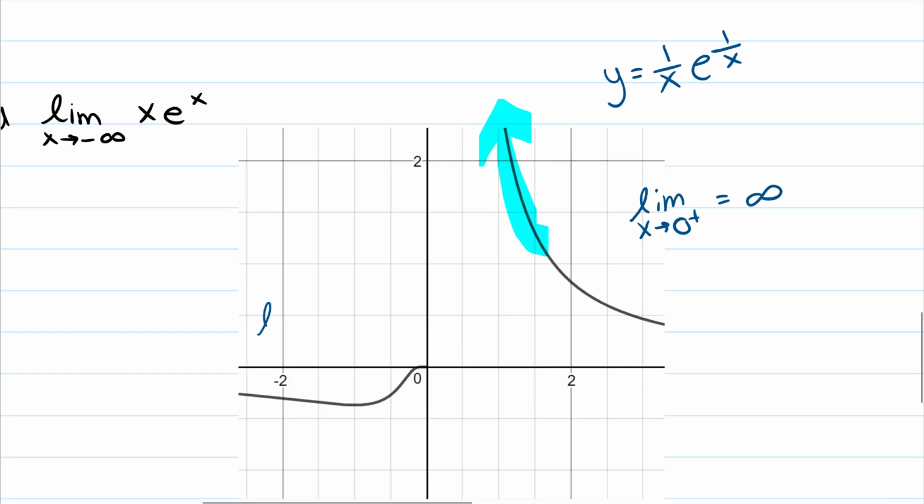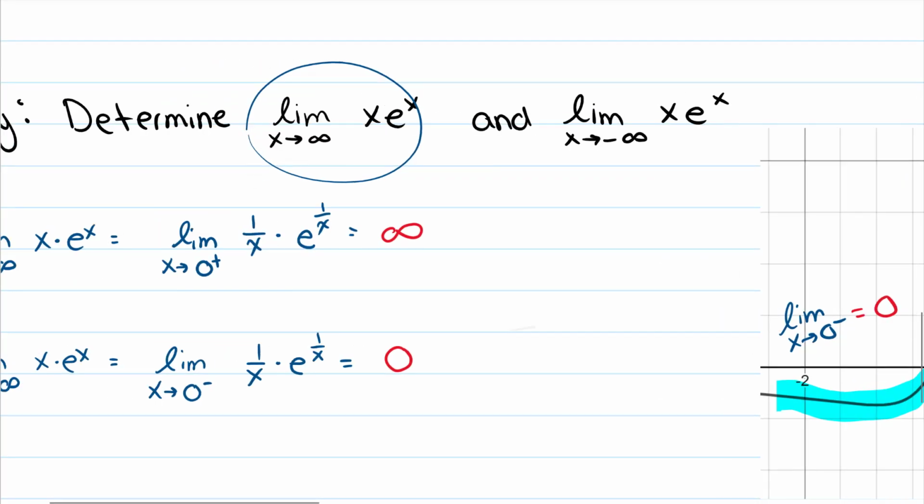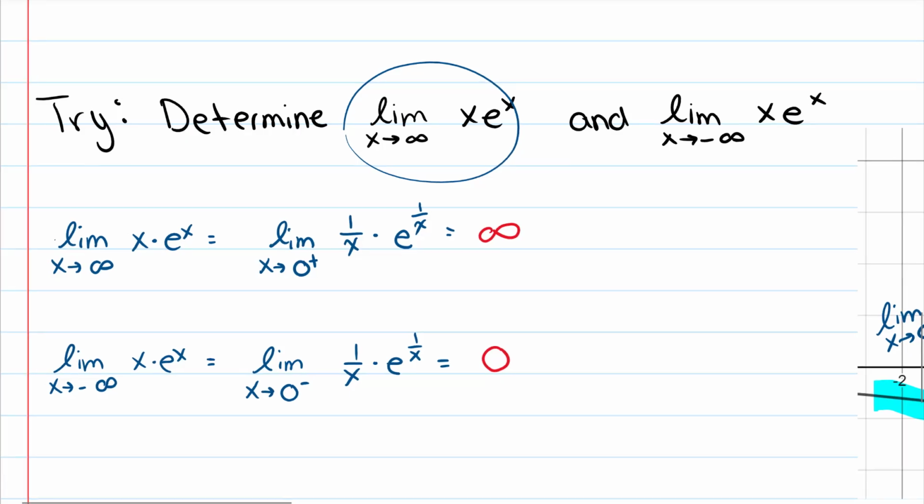And the limit as x approaches 0 from the left approaches 0. So based on our reciprocal substitution, the limit from the right is infinity and the limit from the left is 0. So the limit as x approaches infinity of x times e to the x is infinity, and as you approach negative infinity, you get 0. The big hint here is to look at the graphs.